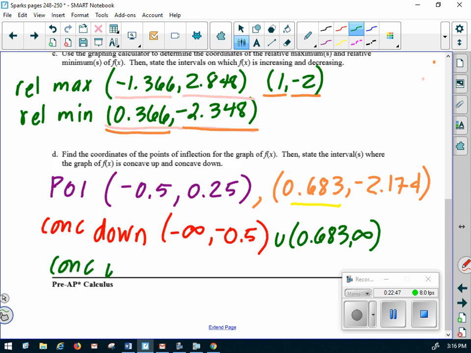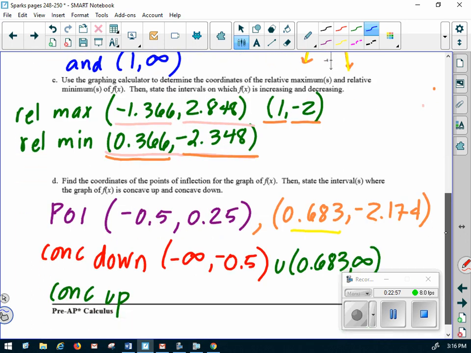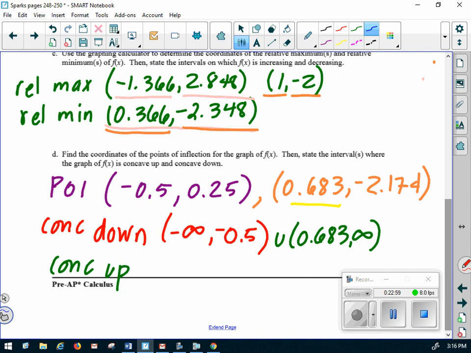This graph is concave up just right here. So that graph is concave up between -1/2 and 0.683.